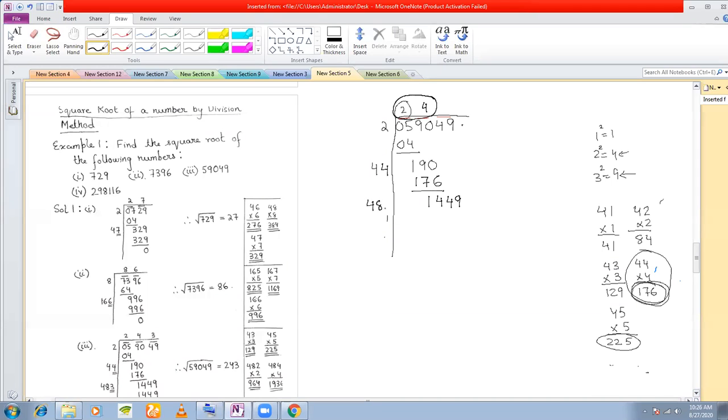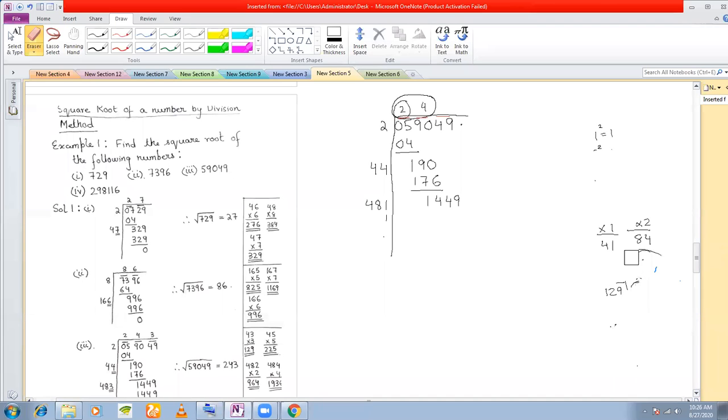How much do you get? 48. Now we'll place a digit here once again and see what works. So let us place 1 here first. Place 1 here. Fine. So we have placed 1.